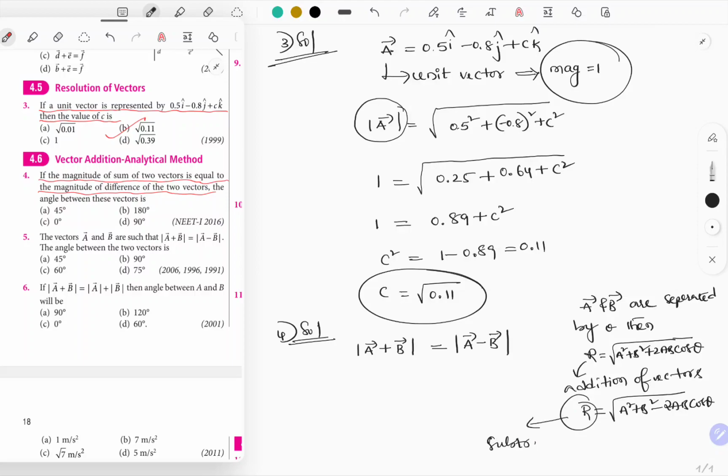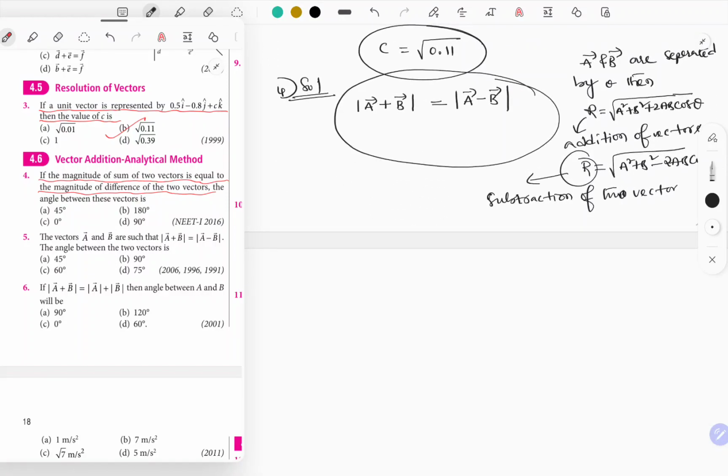This is the way we have to find out the magnitude of the addition of vectors and the subtraction of vectors. They said those two are equal. If they are equal, let us see how to solve this.